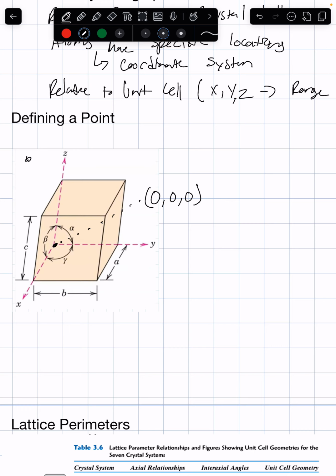If we wanted to define something like 0.5, 0.5, 0.5, we'll use red. So you would go, okay, where is the intersection of 0.5? Right here on the z-axis, right here on the y-axis, and then right here on the x-axis.